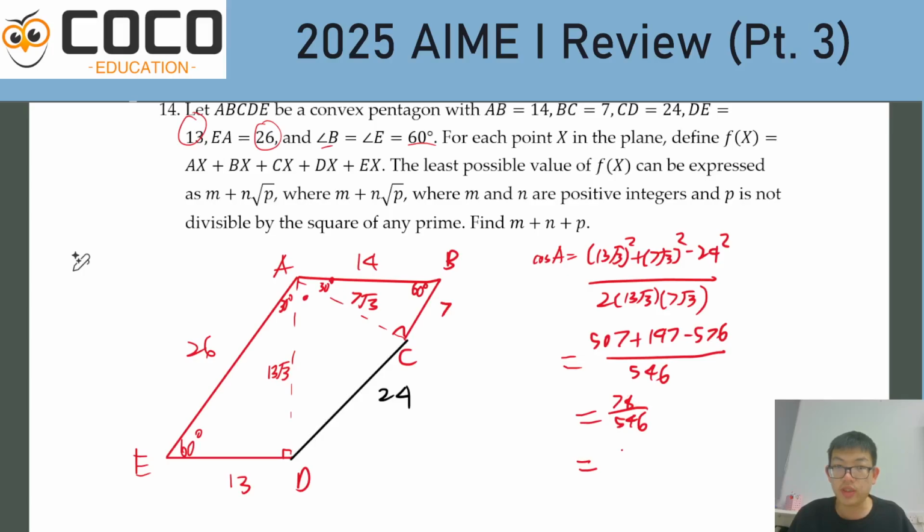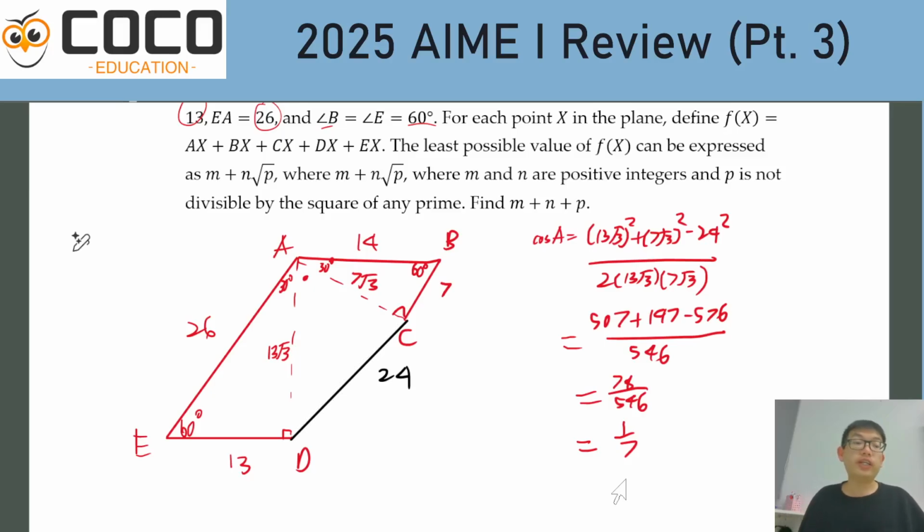It's just 1 over 7. Okay, that's quite nice. Of course, that isn't a special angle, but it does mean that doing calculations might not be so bad.